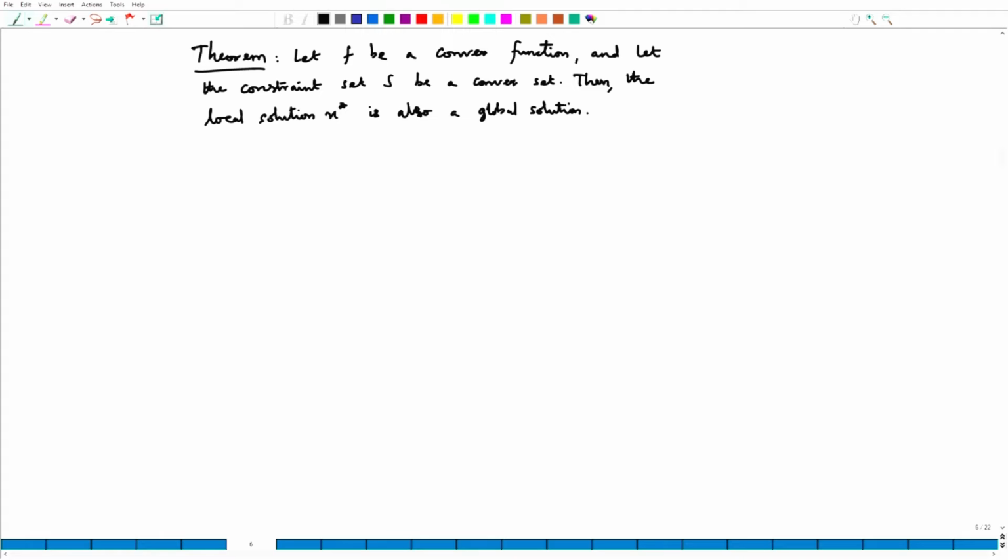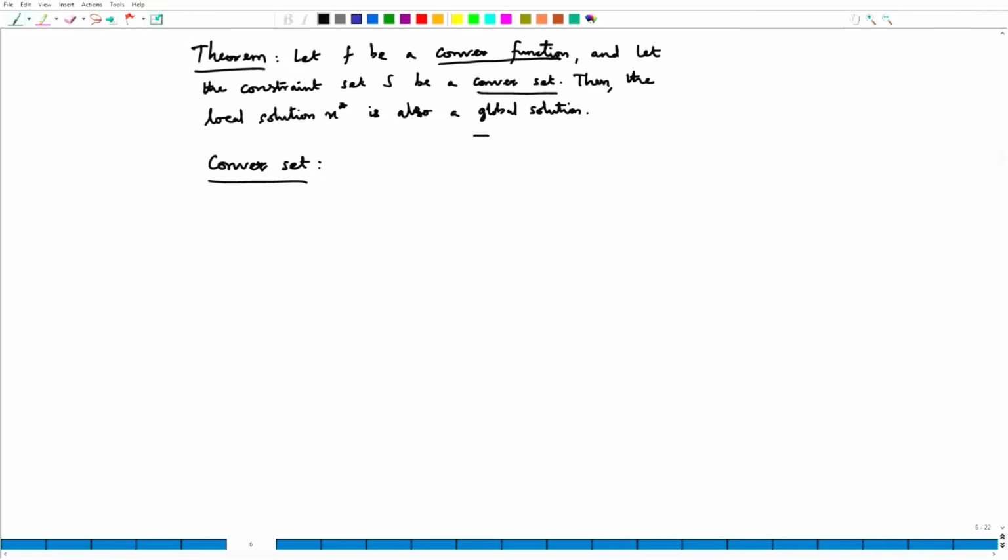Maybe I will spend a few minutes explaining what a convex set and a convex function are, because we have used these terms here. When is a set called a convex set? I will write down the definition and then explain the physical meaning.